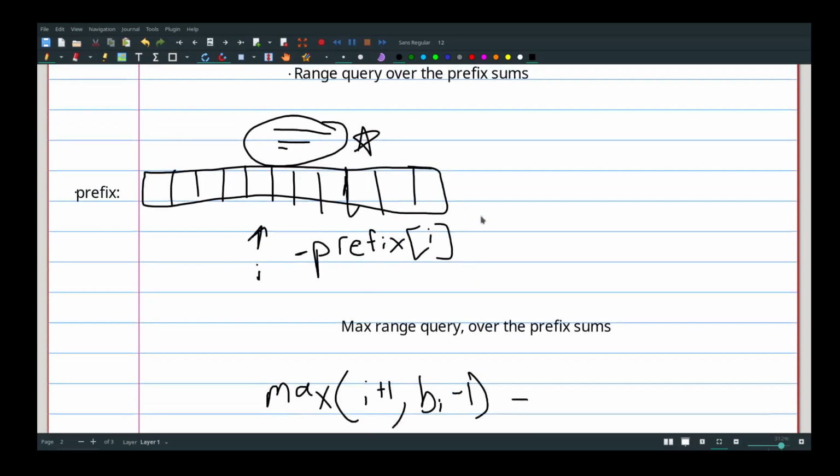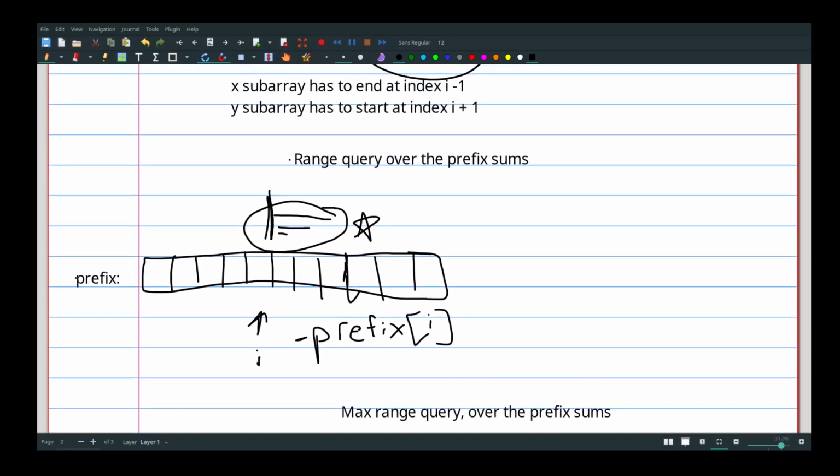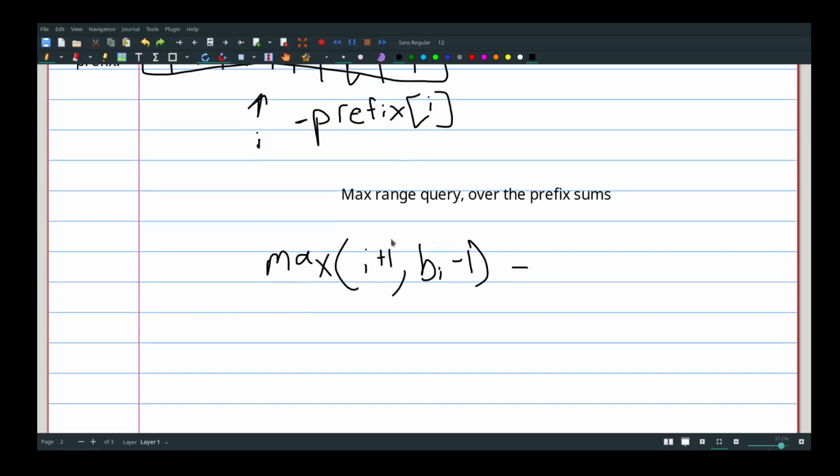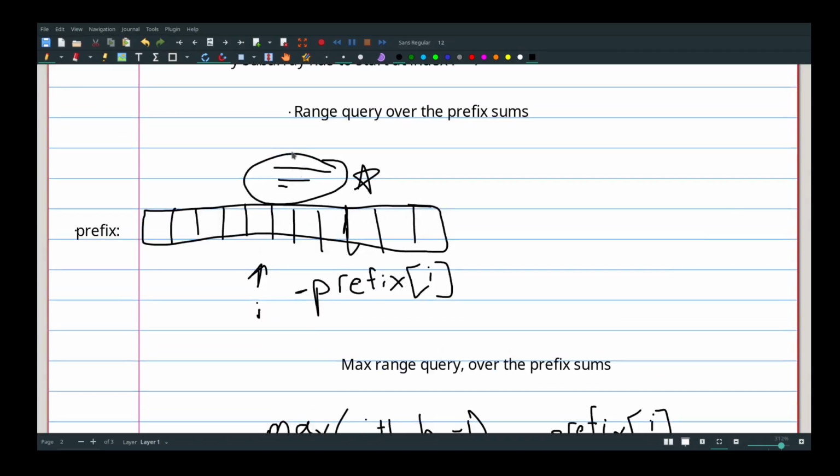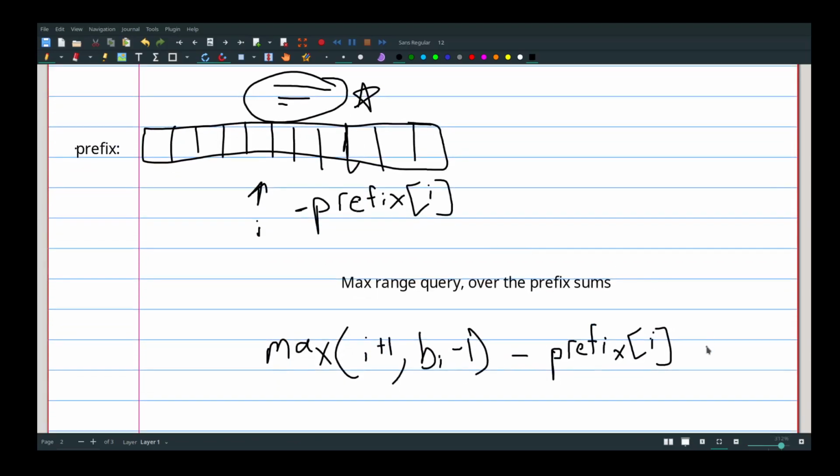And we want the prefix sums to start from here. Hence, we have to subtract prefix of I. And this value will give us the max of all of these. And if any one of them is greater than 0, then we know for a fact that the inequality does not hold for all the subarrays, and we can output no.